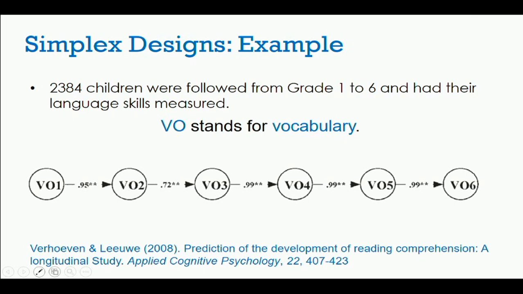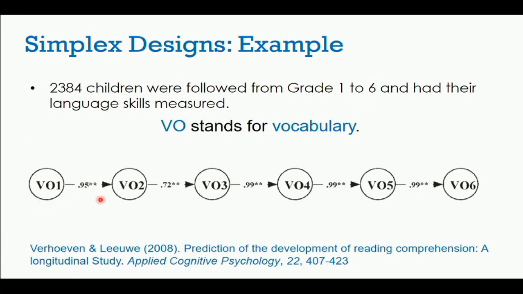And another thing we measured was vocabulary. How many words do they know? And we're just going to focus on vocabulary here for the moment. And what they did was they measured children, 2,384 to be precise, from grade 1 to grade 6. And annually, they had these skills measured.